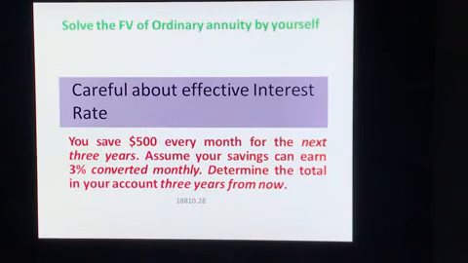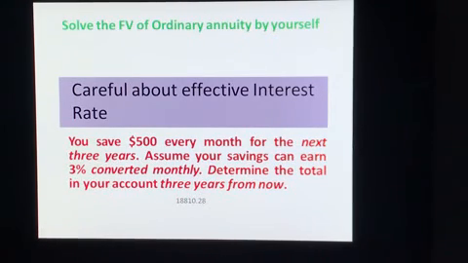Now moving further, how can we solve the future value of an ordinary annuity by ourselves? You can save $500 every month for the next 3 years. Assume your savings can earn 3% converted monthly.